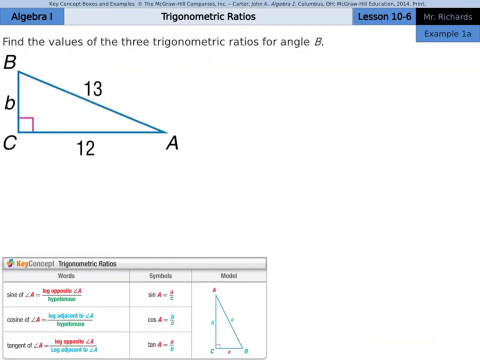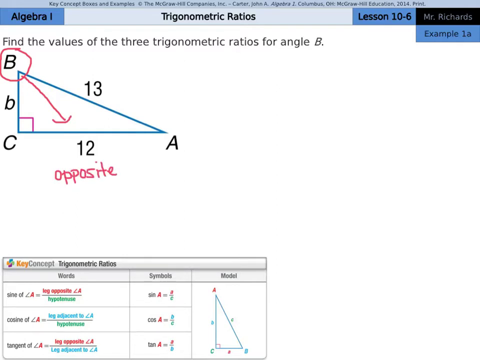Find the values of the three trigonometric ratios for angle B. Well, let's highlight what angle B is, and that's this angle up here. That's our B. And so the first thing that I do is I label what is my opposite side. Well, the opposite side to B is the 12. So that's the opposite.